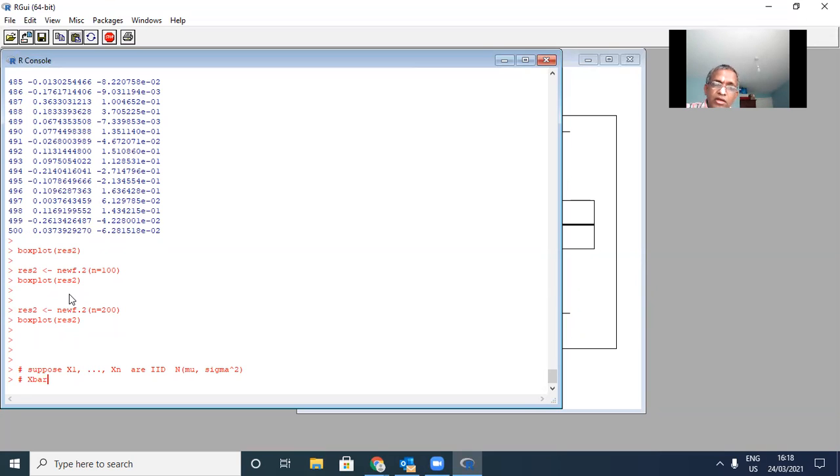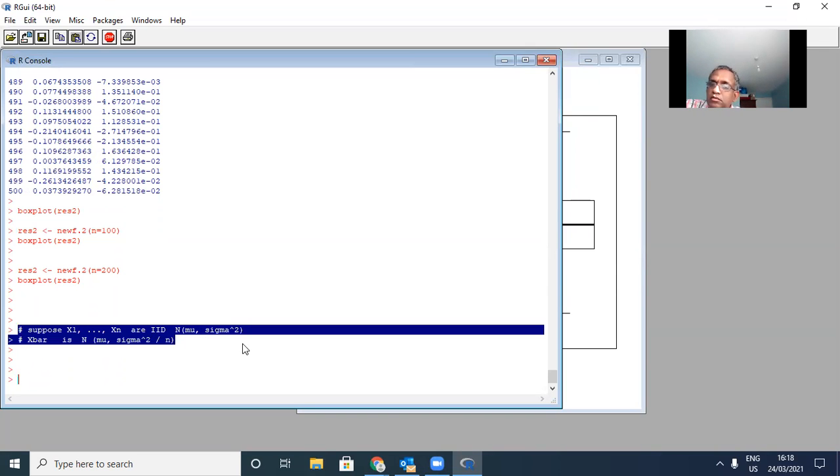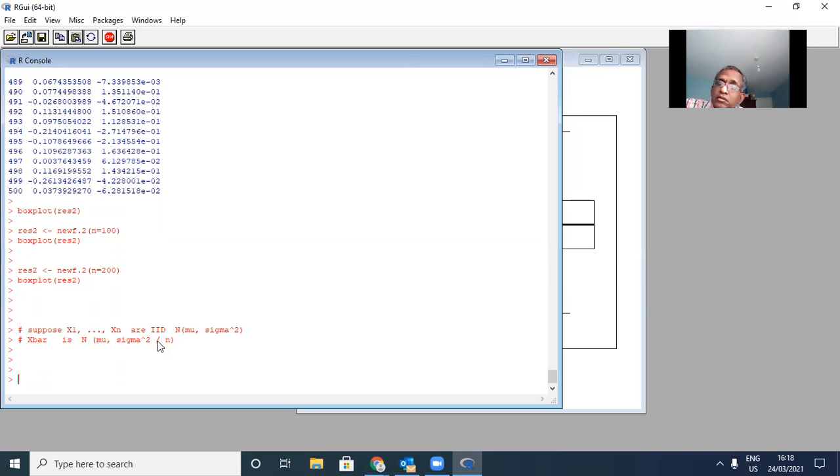Then x bar, the sample mean, is also normally distributed with parameters mu and variance sigma squared by n. Do you guys remember this? This is a result I mentioned in the class when I talked about the normal distribution. If you don't remember, please go and look at the video on the normal distribution, right?